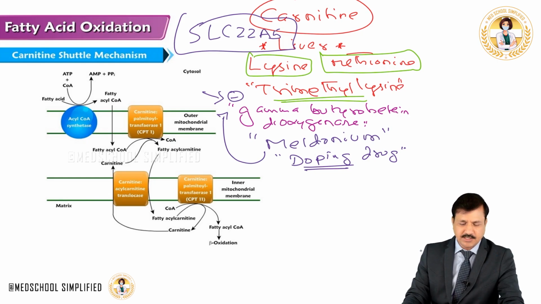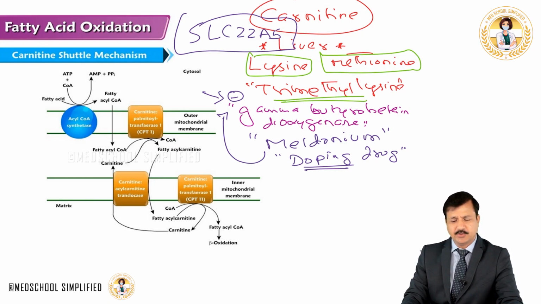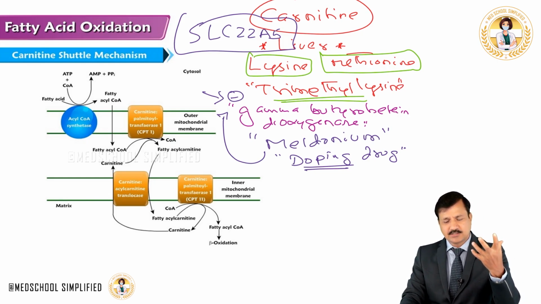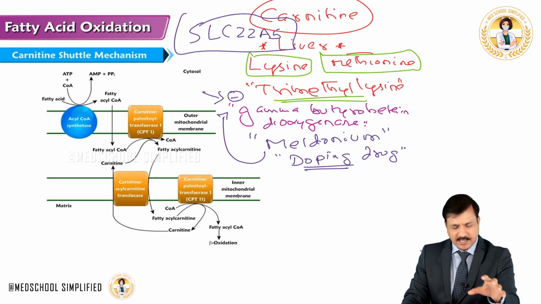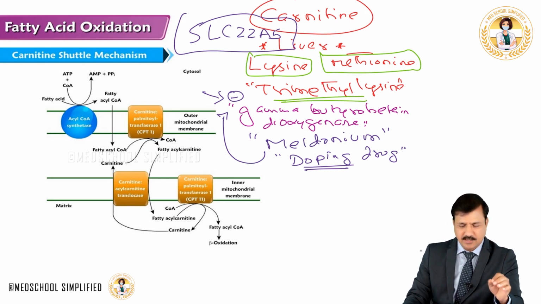With that information, I have explained how carnitine is synthesized, where it is synthesized, what the two essential amino acids required there are, and the clinical application of the carnitine concept, especially with meldonium. Okay, now let's get back to the carnitine shuttle mechanism.